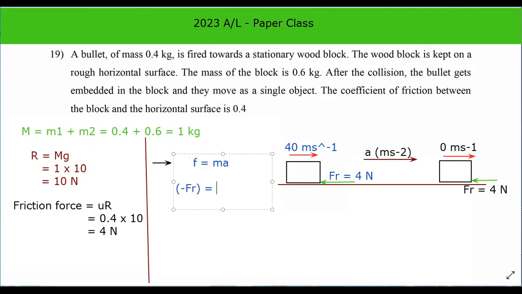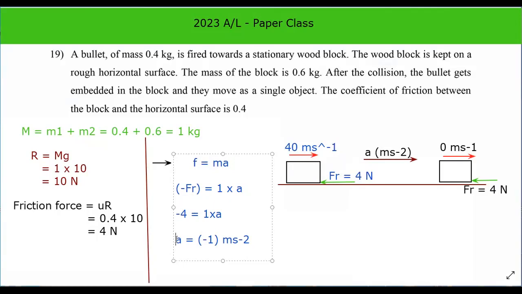The mass of the block with the bullet is 1 kilogram. Acceleration is simply A. So minus Fr, which is found as 4 Newton. Minus 4 equals 1 into A. So A equals minus 4. The unit is meter per square second.